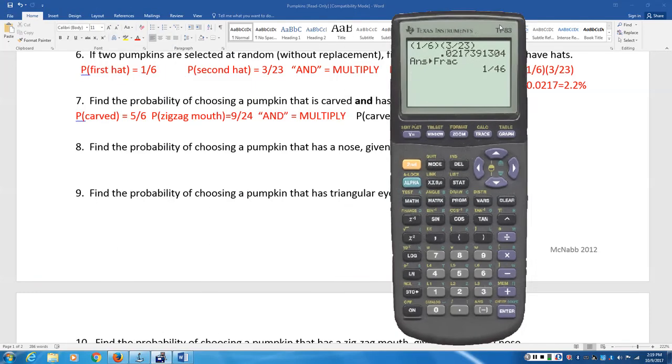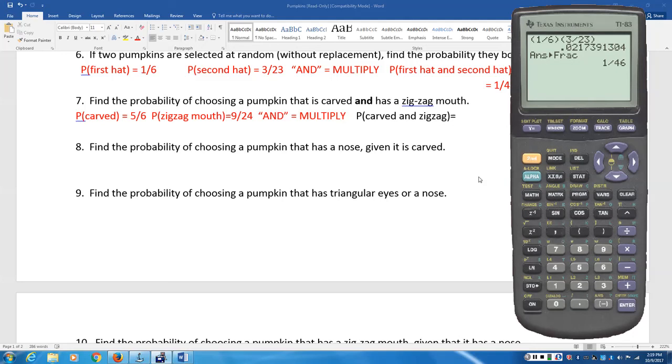What I'm going to do is just put in the fractions I've got. And get a totally reduced answer, which is 5/16.